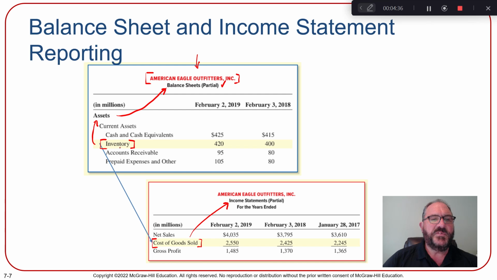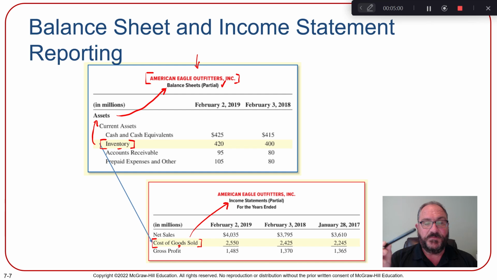So notice here's their inventory, right? So inventory on the balance sheet, right? There's their inventory. And then when they sell it, it becomes cost of goods sold. So basically, you buy stuff, you have it in inventory, you sell it, it comes out of the inventory and it becomes cost of goods sold and it moves from your balance sheet to your income statement.